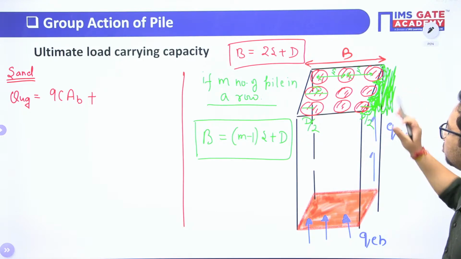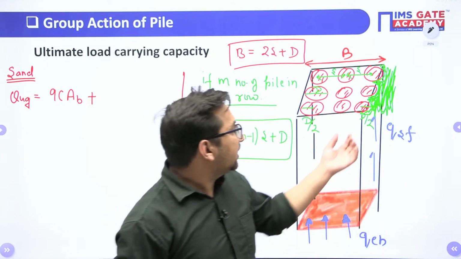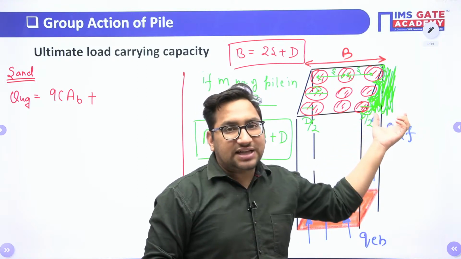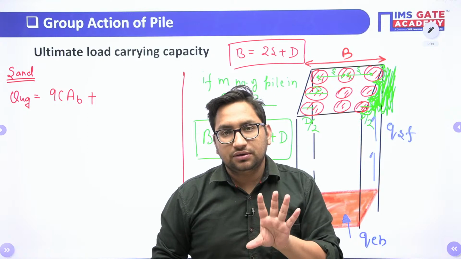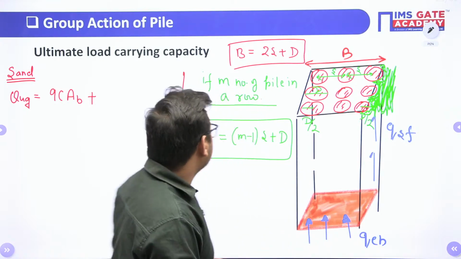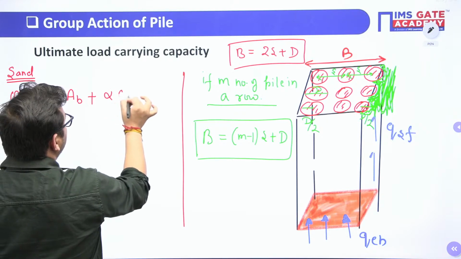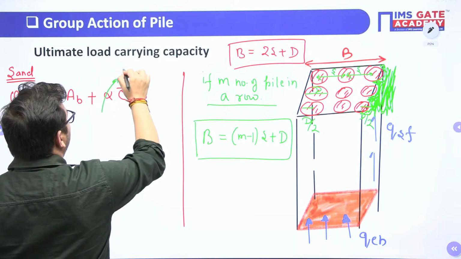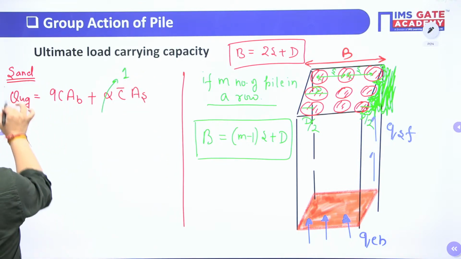So there is very small interaction between pile and soil material. Most of the interaction is between soil and soil. If there is interaction between soil and soil, that is like particles, so instead of adhesion there will be only cohesion, right? So it will be alpha into C bar into AS, and as it is cohesion only, this alpha value should be equal to 1.